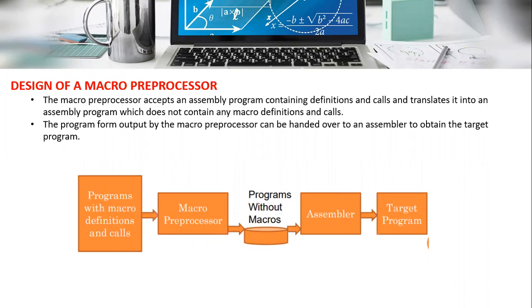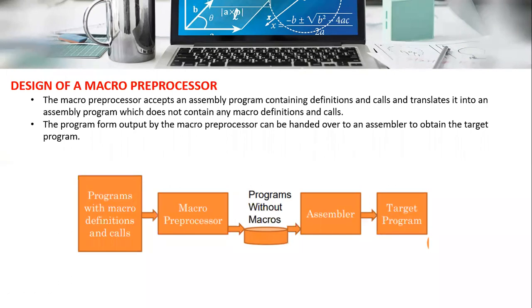Now the remaining part from the assembler onward we have already discussed. असेम्बलर पासून पुढचा जो भाग आहे तो आपण ऑलरेडी डिस्कस केलेला आहे, स्टडी केलेला आहे. But we need to consider the macro preprocessor, that is, the macro preprocessor accepts the assembly program containing macro definitions and calls and translates it into an assembly program which does not contain any macro definition or macro call.